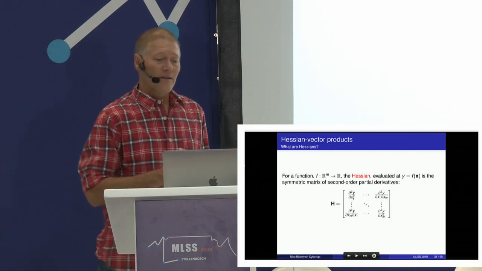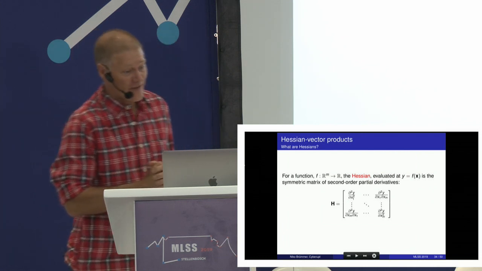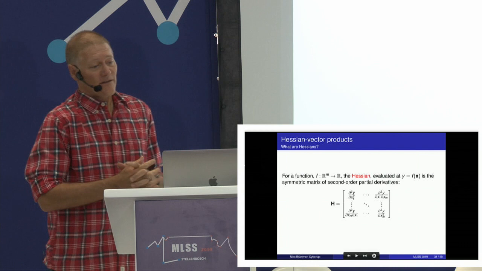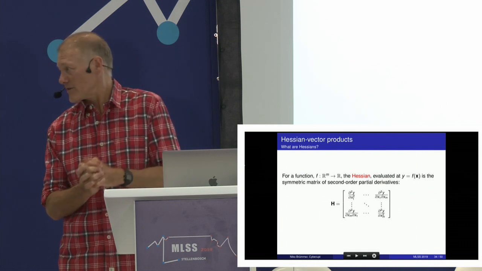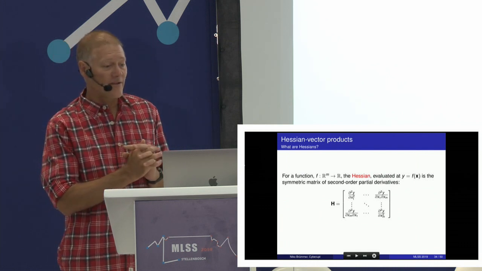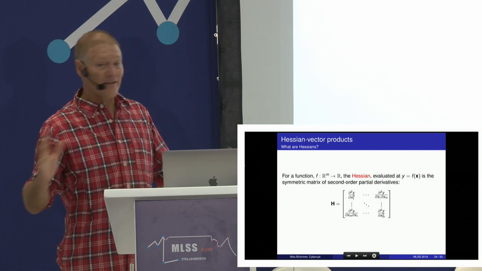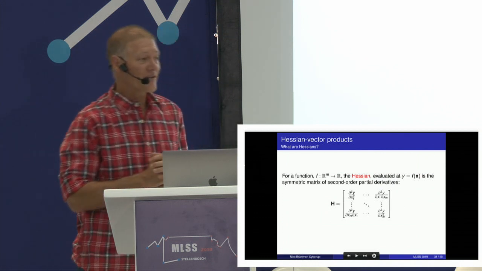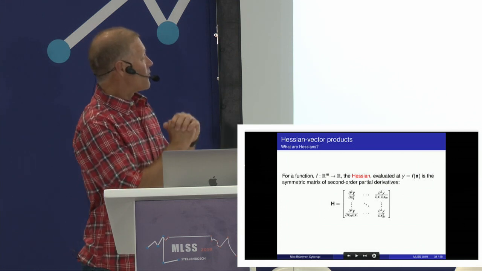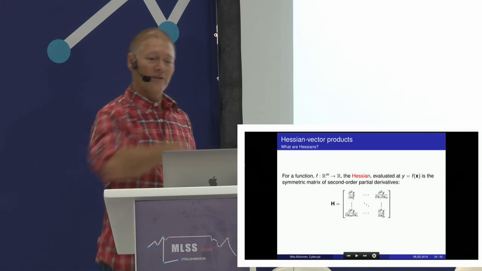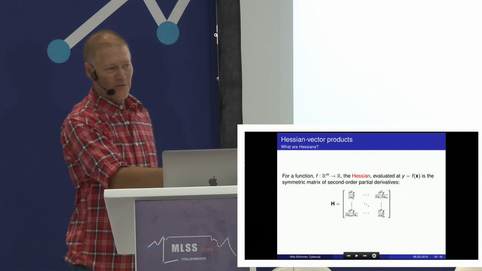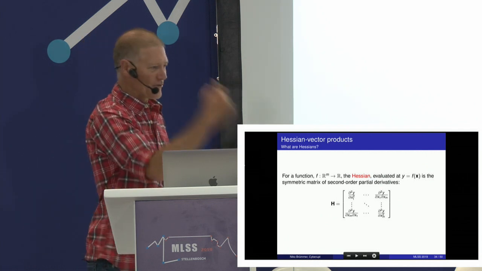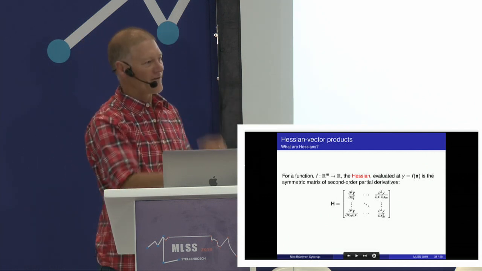So we're talking about the Hessian matrix. The Hessian matrix is a word you would use in the context of a function that maps a vector to a scalar. And then you're taking the derivatives of the output with respect to first one of the components of the input and then another one. So you're doing two differentiation steps, one after the other.